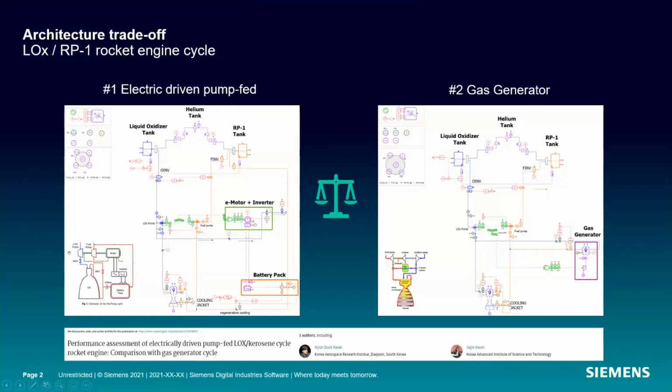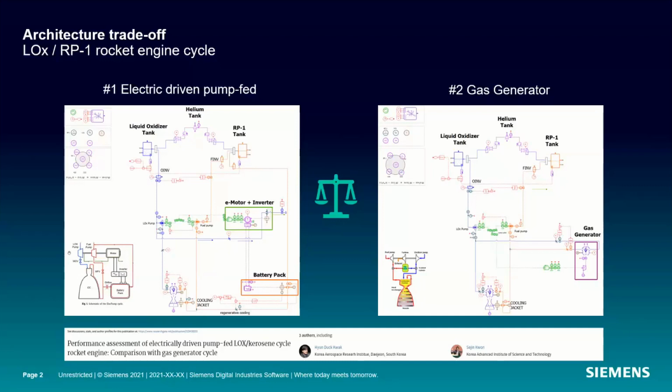When we look at the trade-off of the different architectures, we're looking at a liquid oxygen RP1 rocket engine cycle and its performance. So we're comparing, and you see the two different AIMSIM models there.